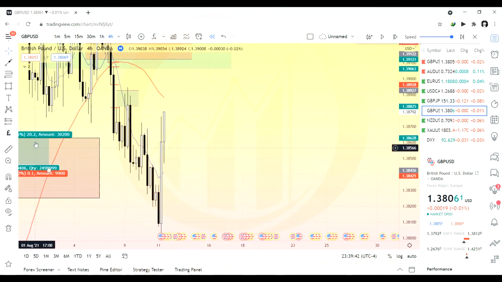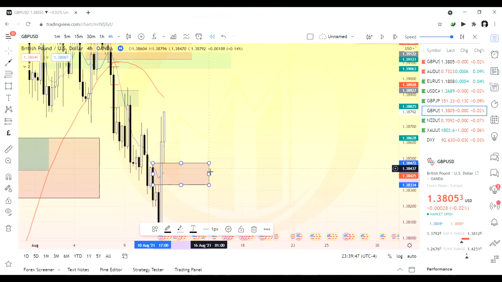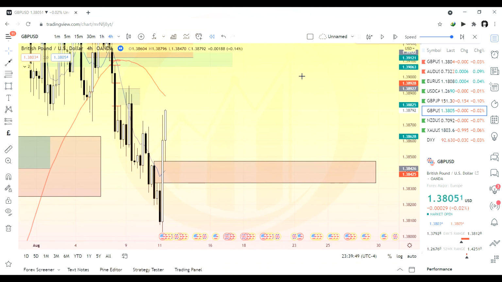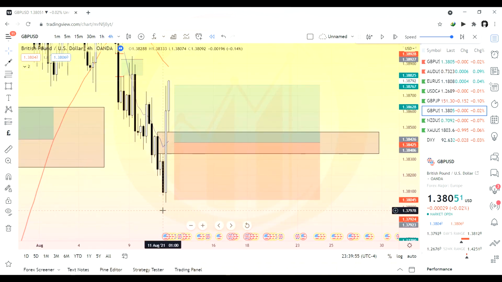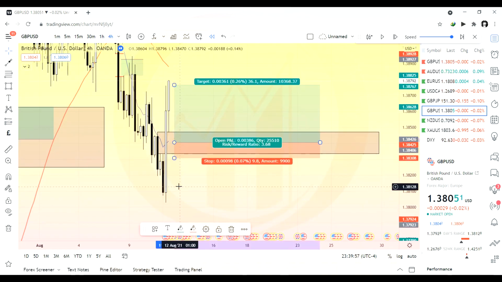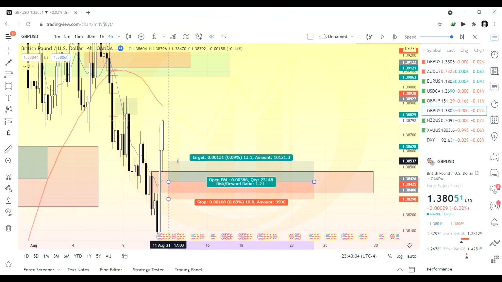Next FEG zone right here. We're going to get the half of this FEG. Put our buy limit there. Put this underneath. Make this about 10 pips. Let's keep it to a 1-to-1.